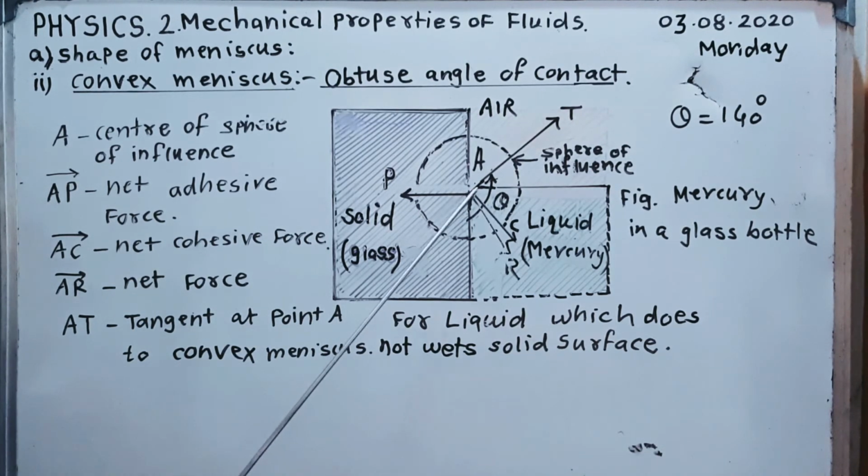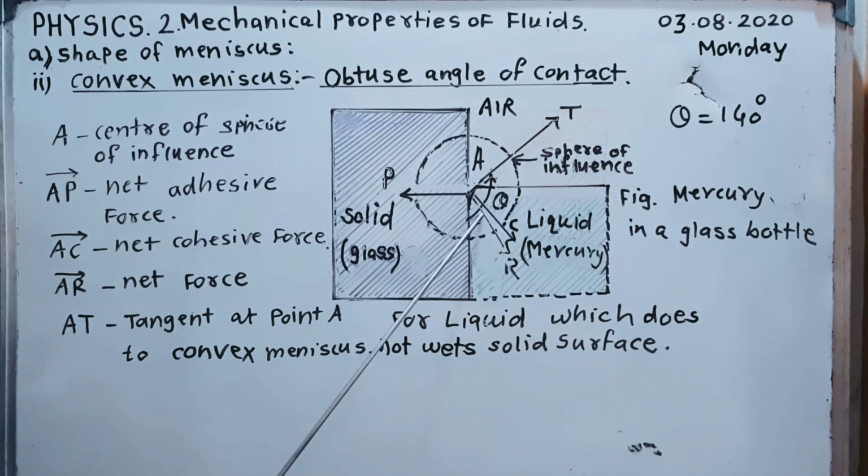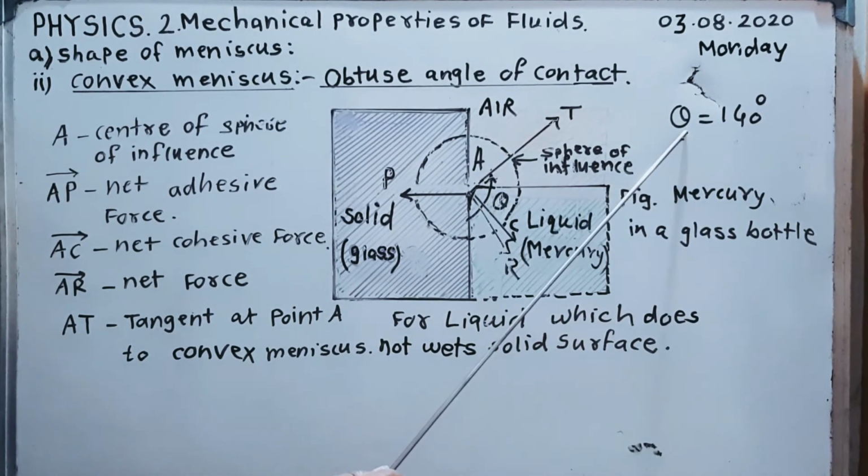A tangent AT is drawn to this convex meniscus at the point A. So AT will represent a tangent at the point A to the convex meniscus. It is directed in this direction. It has a certain magnitude. This angle measured from this side is theta, and that is called the angle of contact.